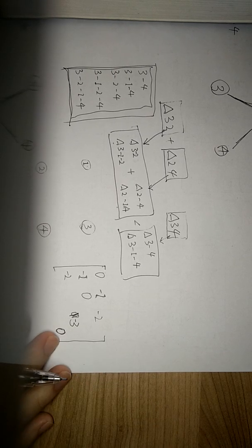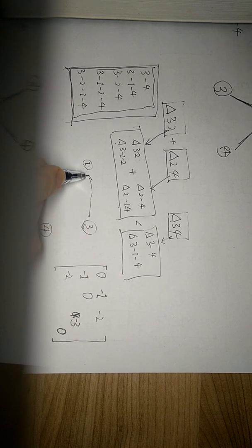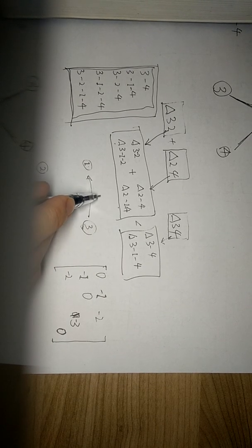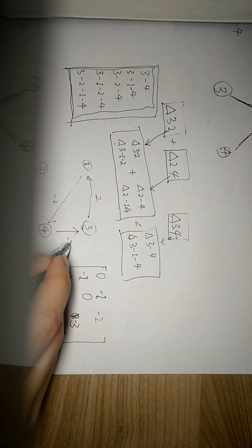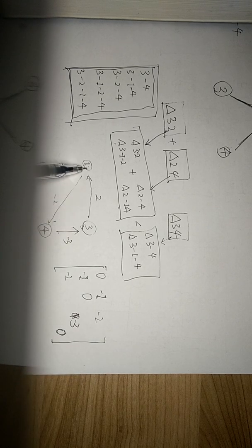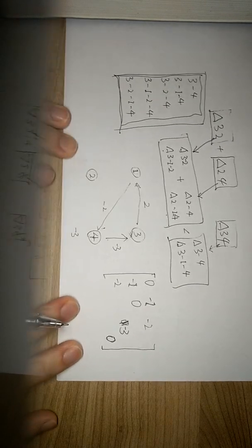For example, if from 3 to 1, 1 to 4 is -2 and 4 to 3 is -3, then we have a negative circle where from 3 to itself we get a total of -3.